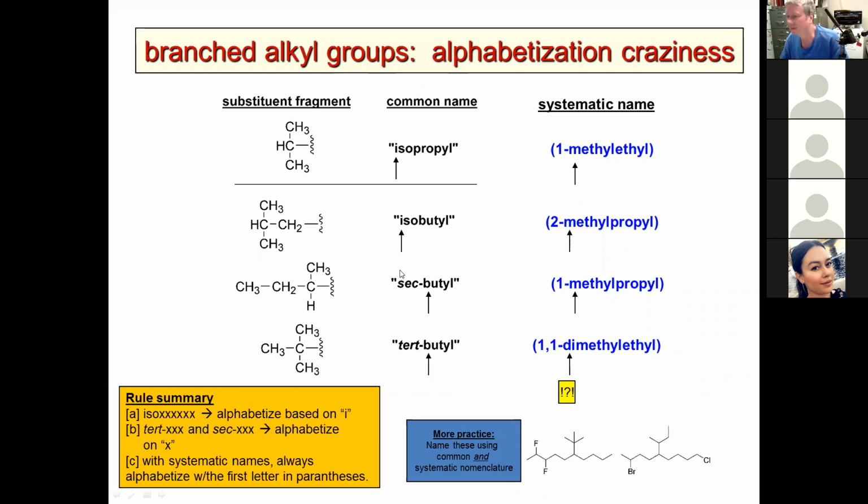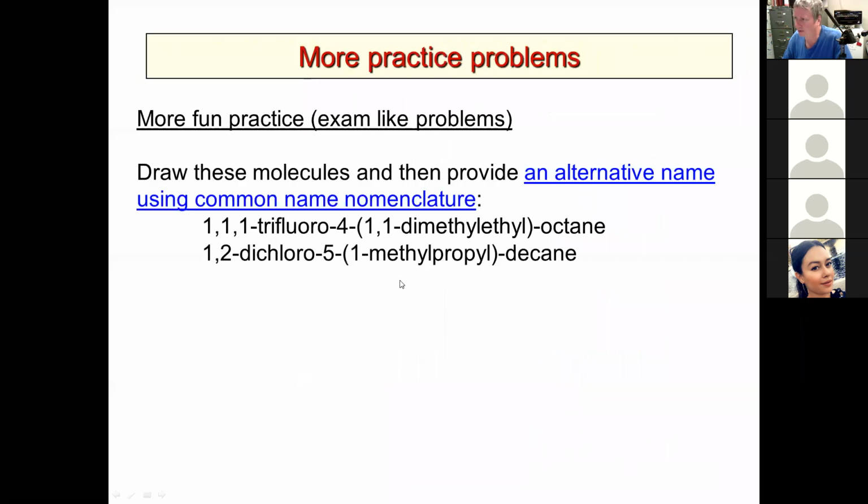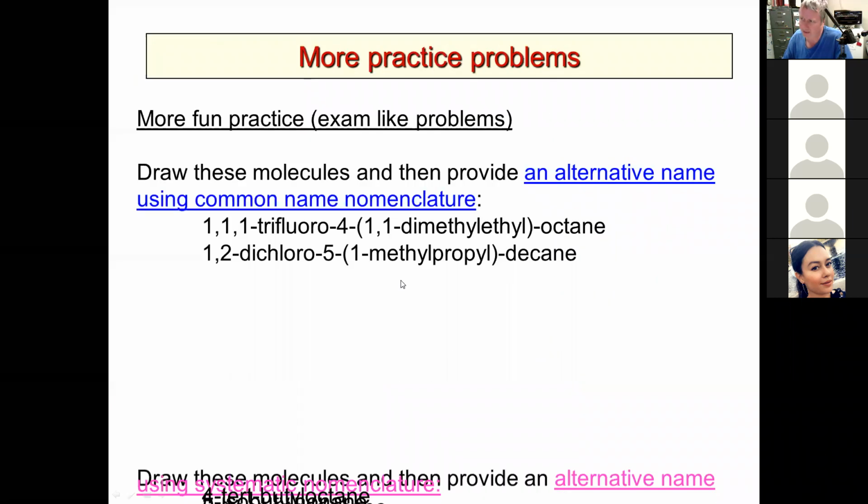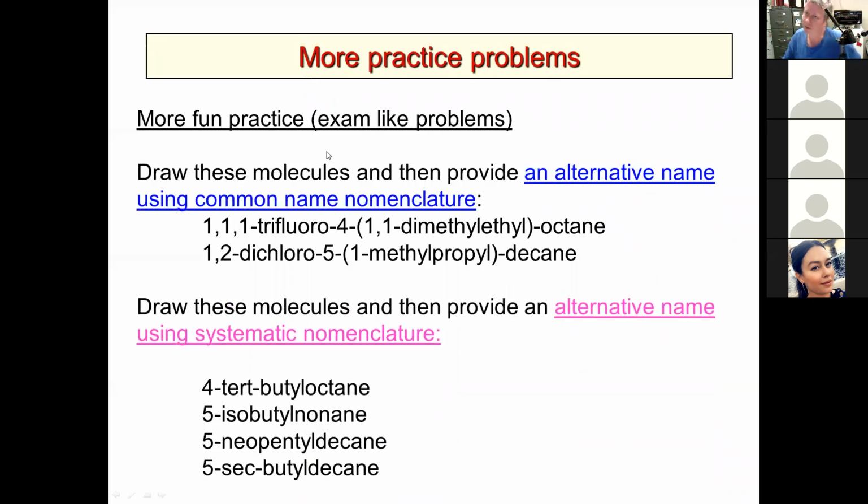Okay. I think we're basically out of time, so I'll just end on this slide, which is definitely good practice. And if you want to practice this, right now or tomorrow is the time to get these things down. Draw these molecules and then provide an alternate name using common names. Common names are like isopropyl, sec-butyl, isobutyl.